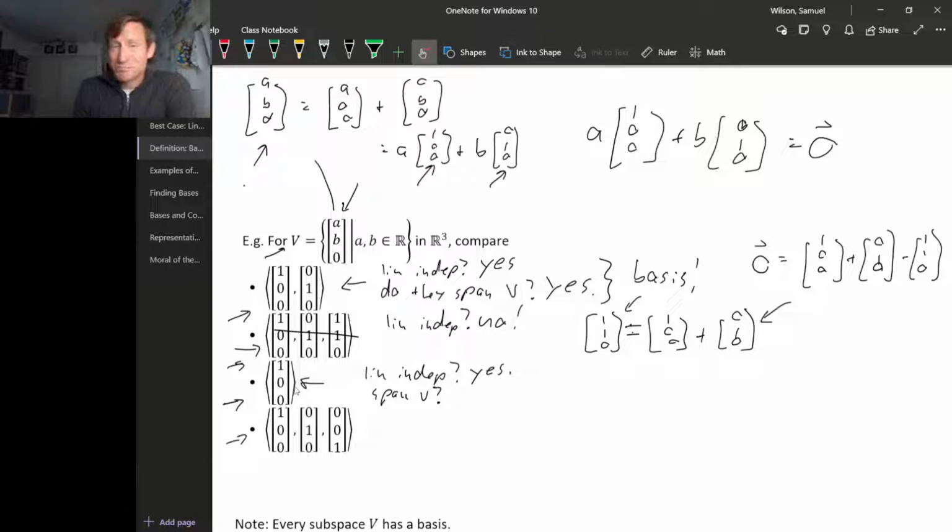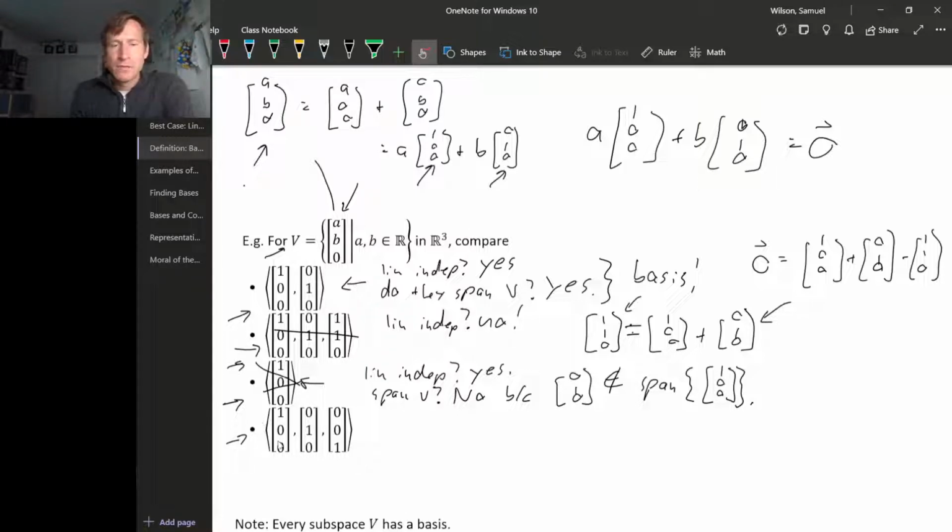Well, just by inspection, you can probably tell that the answer to this is no, because the vector (0, 1, 0) is not spanned by this collection. (0, 1, 0) is not in the span of (1, 0, 0). So since it's linearly independent, it's a basis for something, but it's not a basis for V.